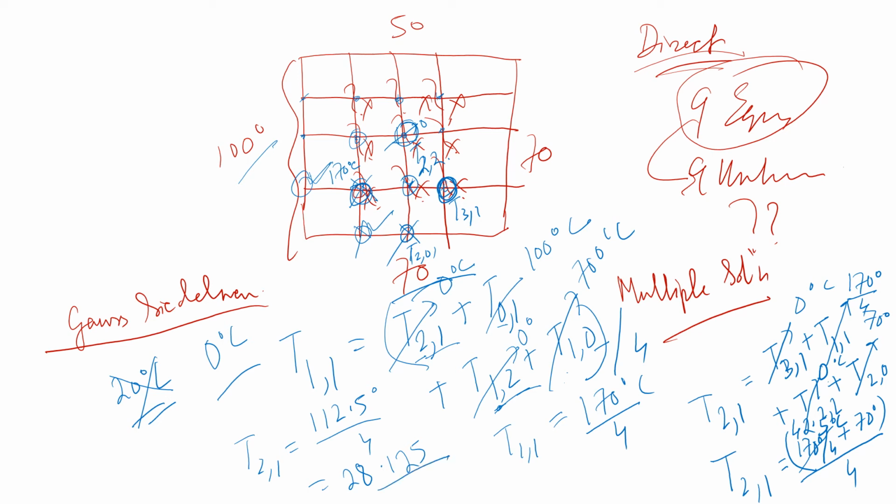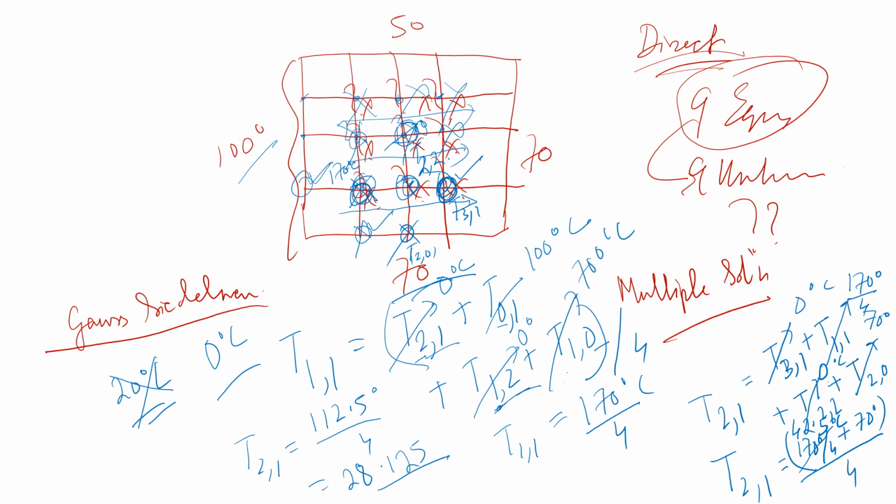Right? And in a similar manner, you can find out the temperature here. Then you again move to this. As I have said, the movement will be like this, like this, like this. So you will find the value of this, then this.